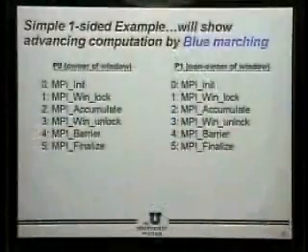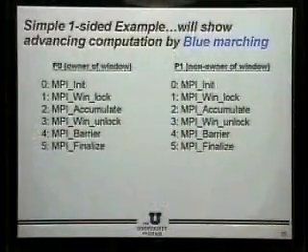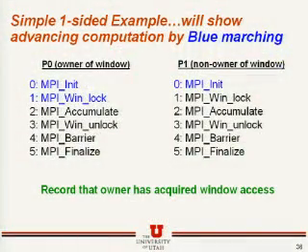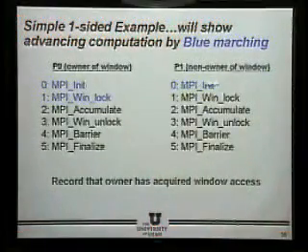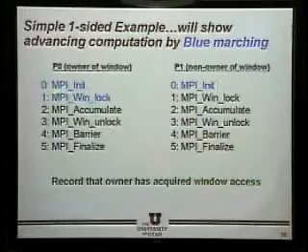So suppose we have this example and we want to do our model checking, and we have executed this much. Nothing interesting happened. MPI init went, it says go ahead, MPI init launched and came back. This one launched, this one launched. At this point, the scheduler has let P0, the owner, do a win lock.